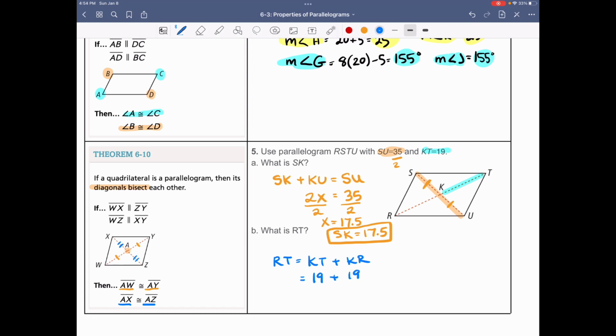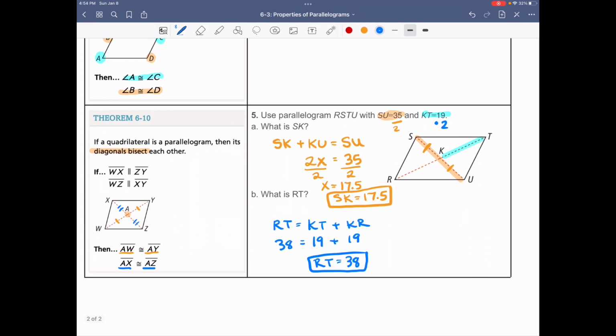So what would this have to equal? 38. RT is equal to 38. And again, you could have skipped all of the algebra and just times this by 2 to figure out RT. That concludes our notes for 6-3 Properties of Parallelograms.